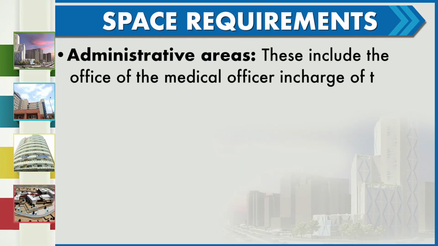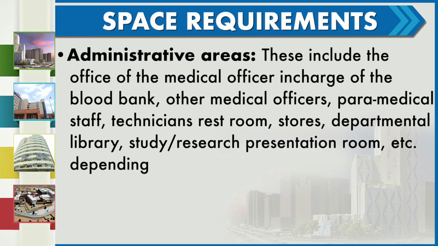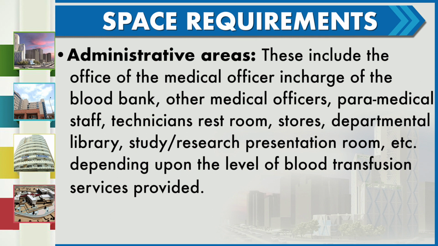The administrative areas. These include the office of the medical officer in charge of the blood bank, other medical officers, paramedical staff, technicians, restrooms, stores, departmental library, study, research and presentation rooms, etc., depending on the level of blood transfusion services provided.